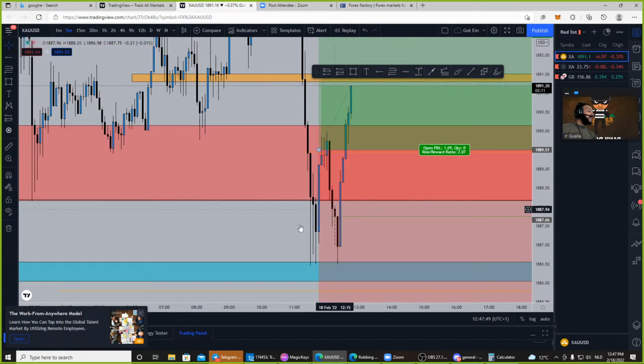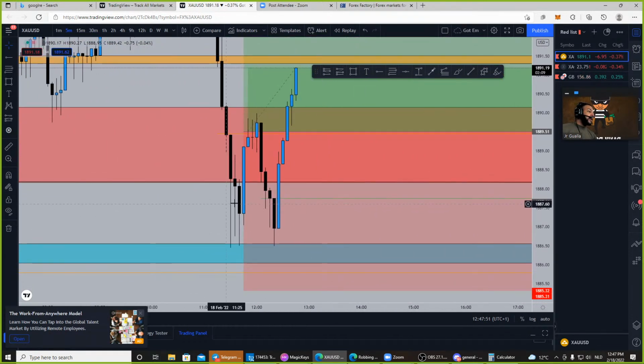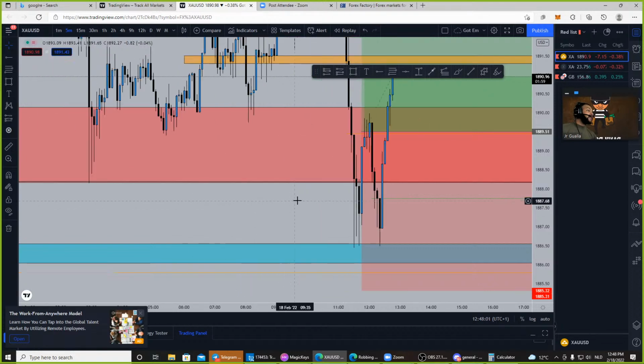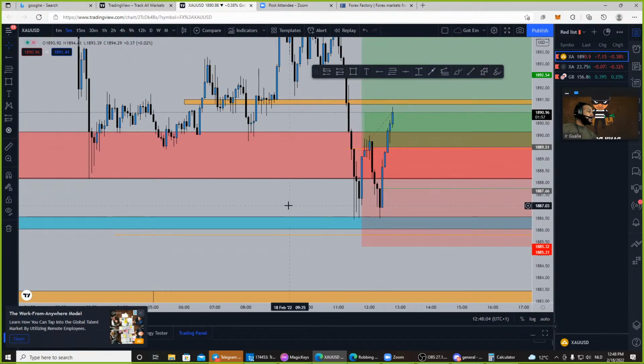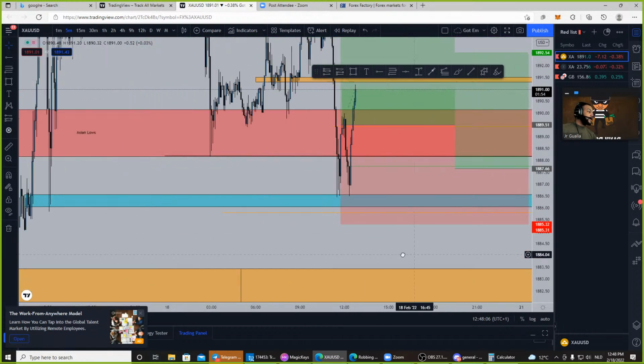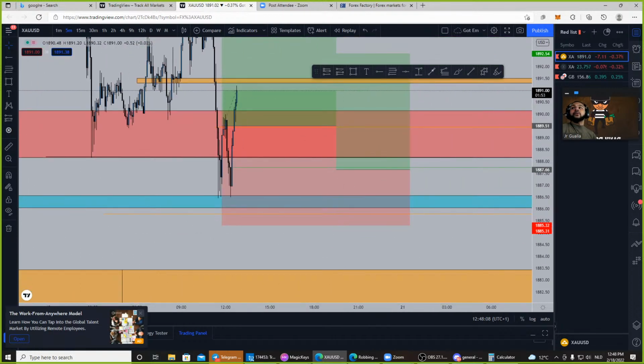Now as soon as price here, I saw this 5-minute candle. I said, well, once price breaks above here, I'll enter. And that's how I got my second entry, which is this right here. You know what I mean? And that was my other 0.5%.